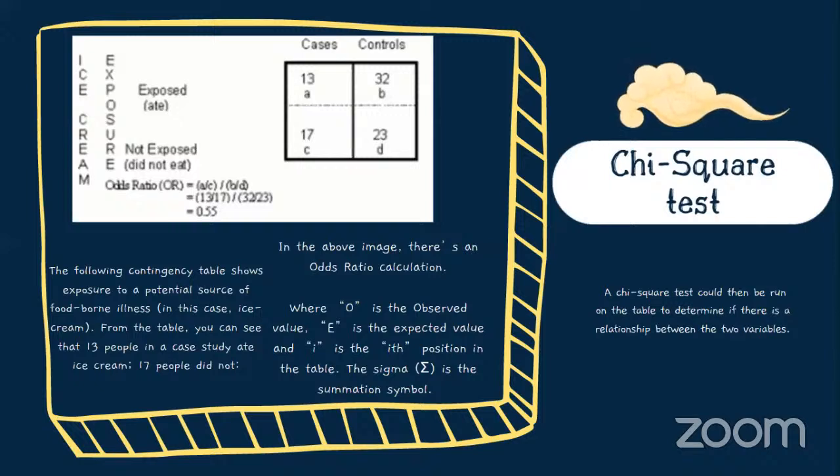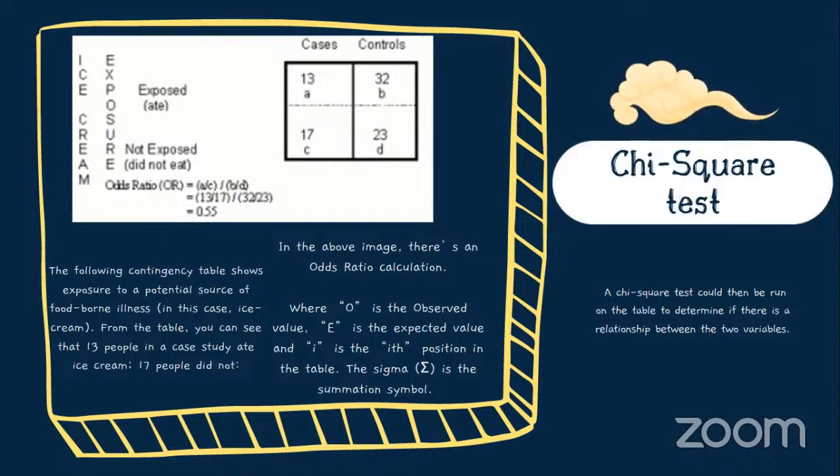Chi-square test. The chi-square test could then be run on the table to determine if there is a relationship between the two variables. The following contingency table shows exposure to a potential source of blood-borne illness, in this case, ice cream.